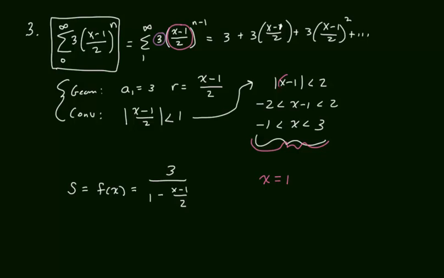I can also determine that here when I have the absolute value less than 2, I can tell that the center is going to be 1. That's what makes this interior equal to 0. In the other examples, the center was 0, but here the center is x equals 1, and this here is the interval of convergence.